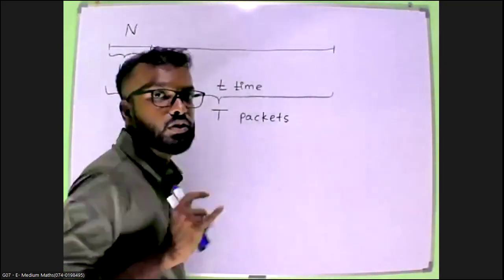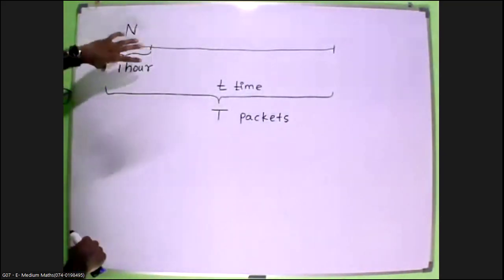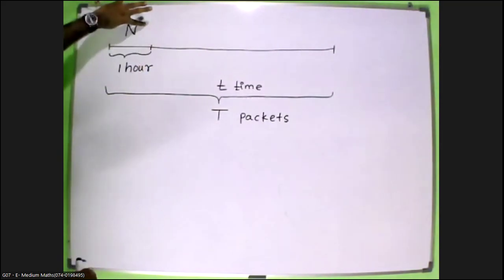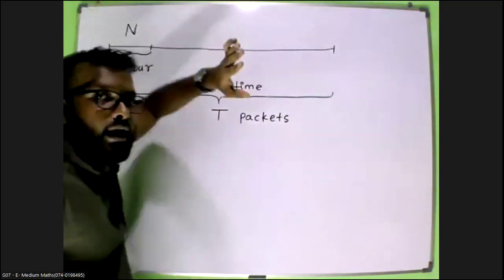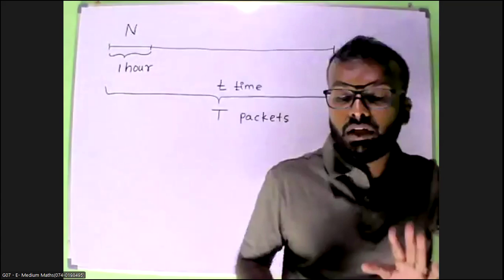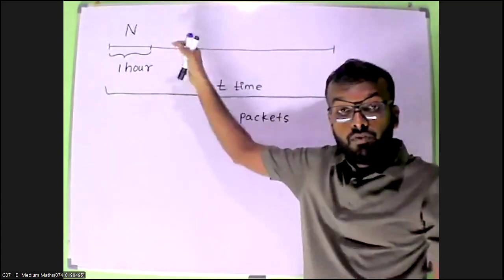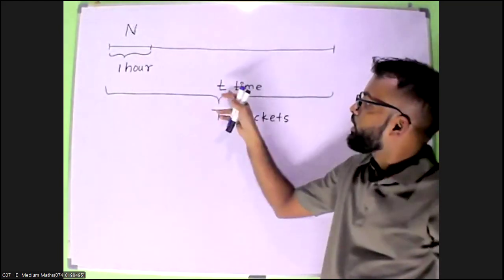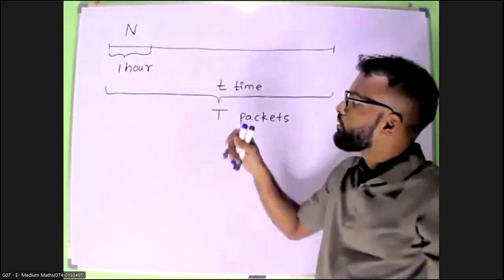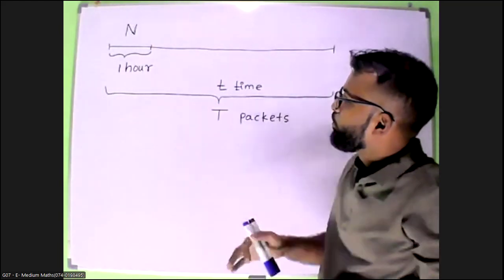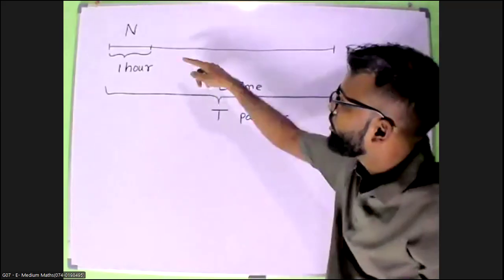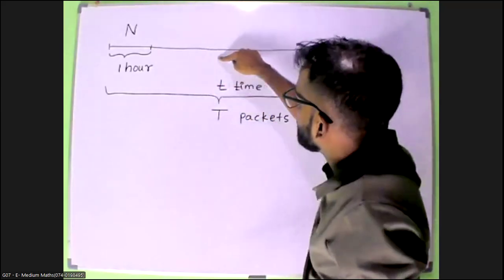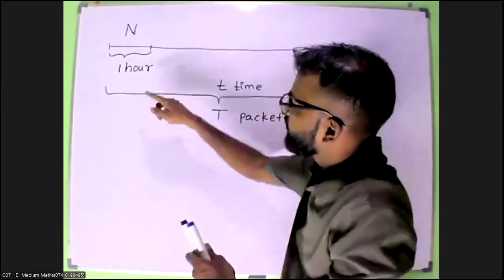So how do we do it? In the first hour, they are producing capital N packets, and thereafter they are producing small n packets. So basically, you need to find how much time this is.